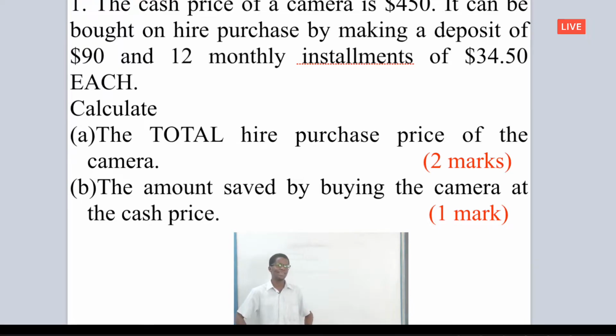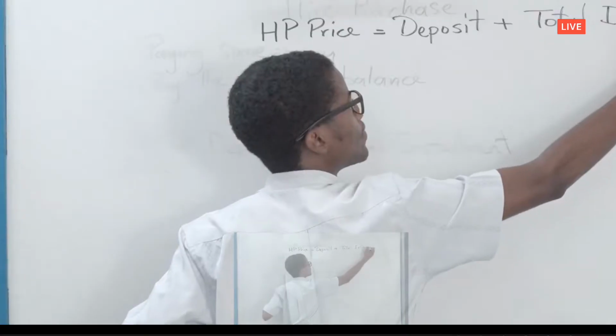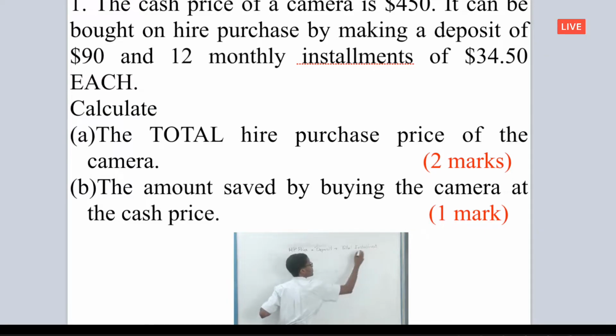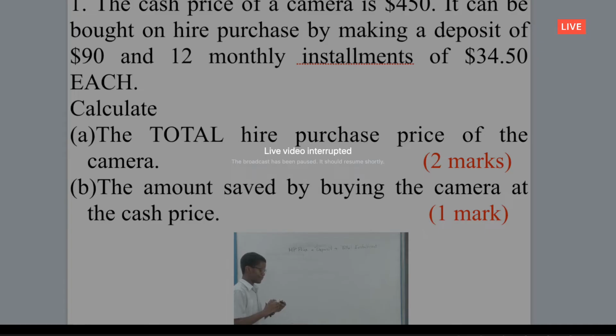So if we are to find the total hire purchase price, we are told that our hire purchase price is equal to our deposit plus total installment. Right?